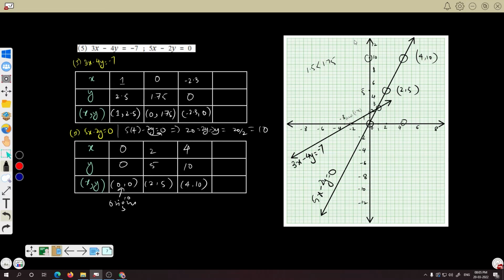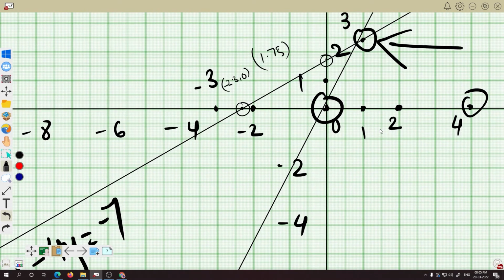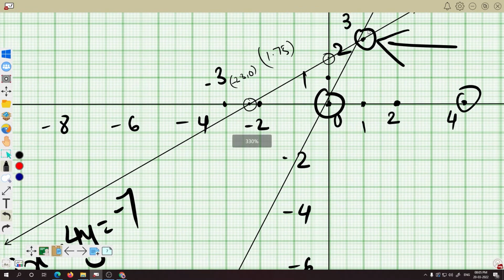Now to find the solution, we'll look at the point of intersection. So how to find this? We'll have to zoom in to find this. Fine. So exactly at this point, this is the point of intersection. We'll zoom out.